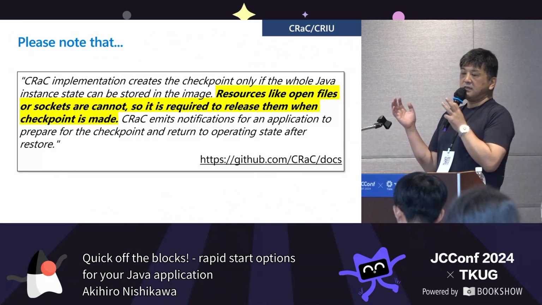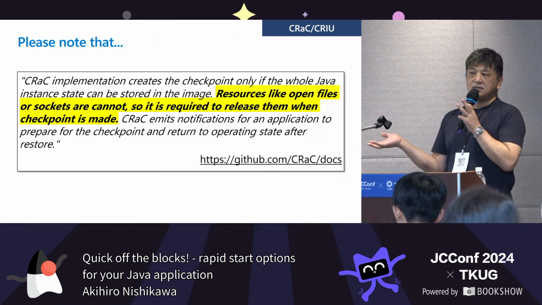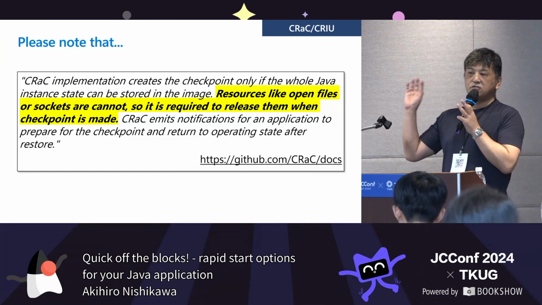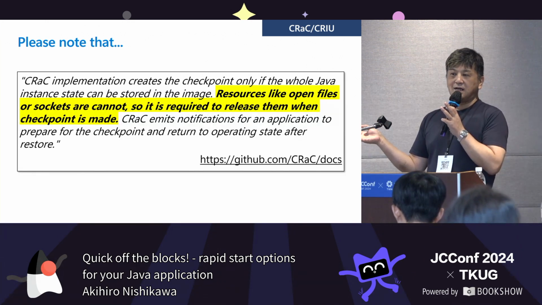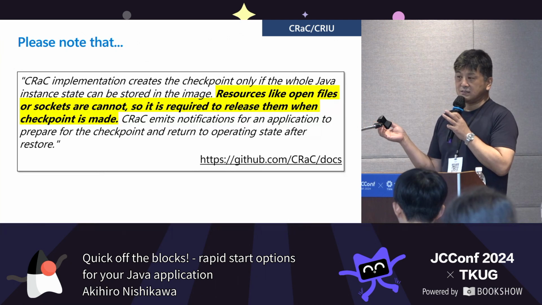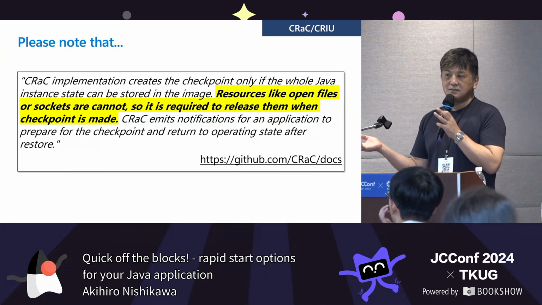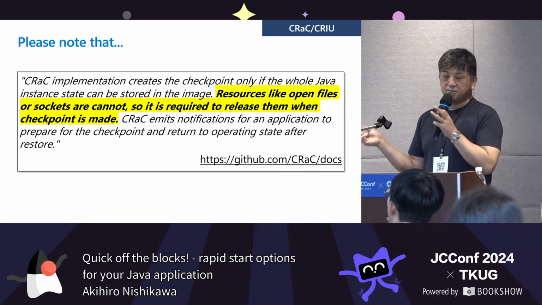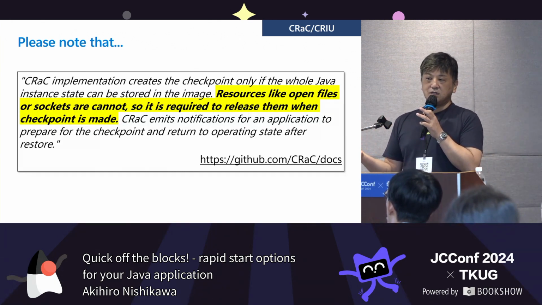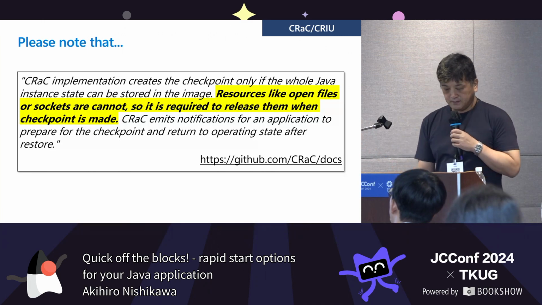So when you take a checkpoint of applications, you have to close IO files or sockets. After that, take a snapshot checkpoint, and finally restore the checkpoint. Restore IO.